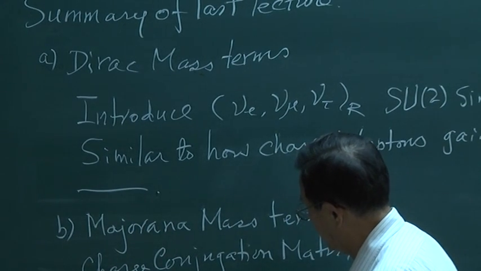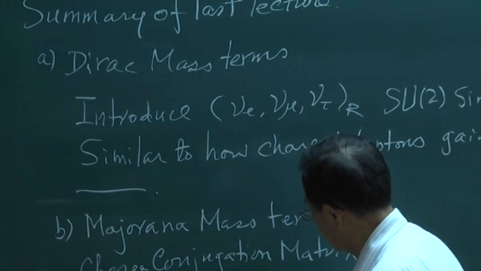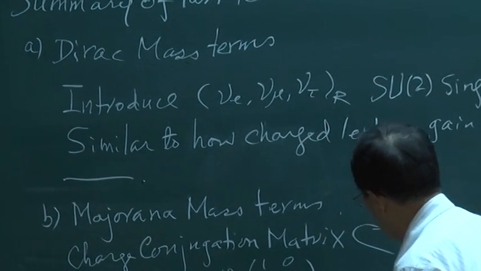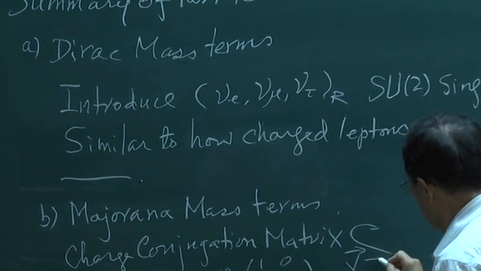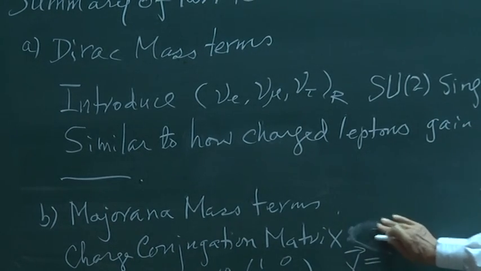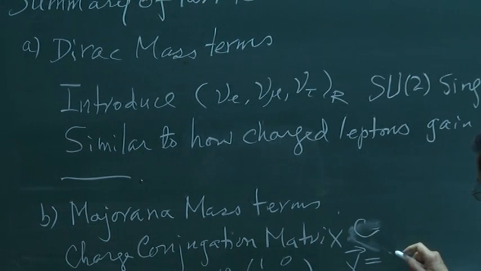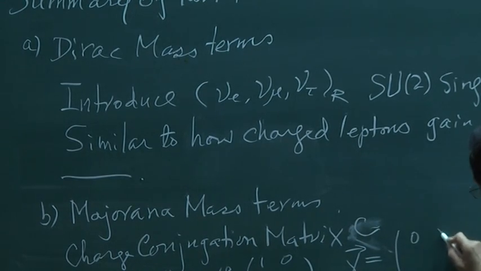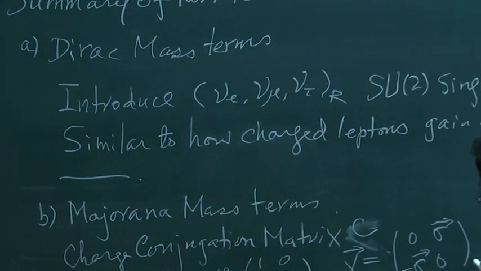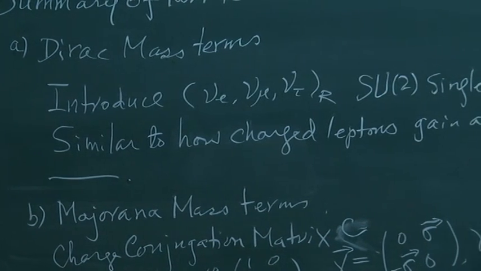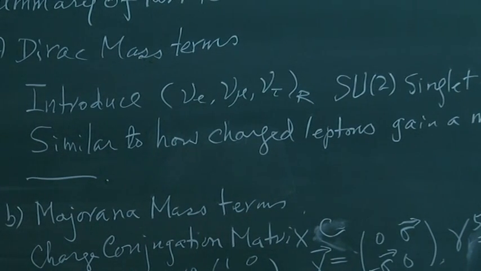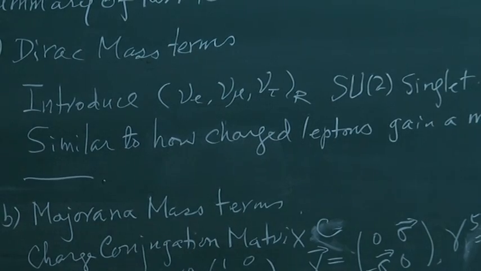The representation we are using is gamma 0 equal to (1, 0; 0, -1), and the space components of the gamma matrices are (0, Pauli matrices; minus Pauli matrices, 0). Gamma 2 is equal to (0, 1; -1, 0).